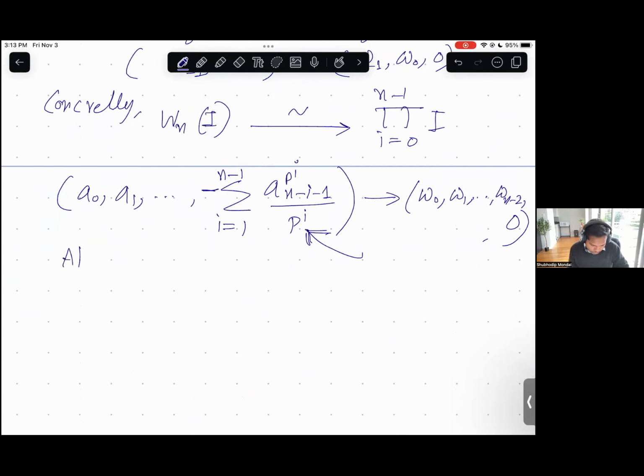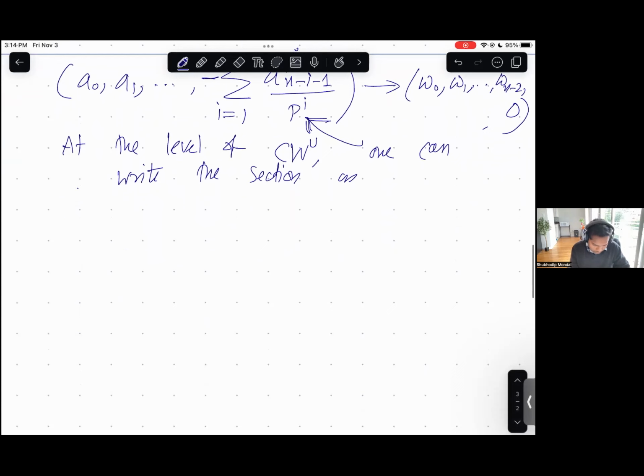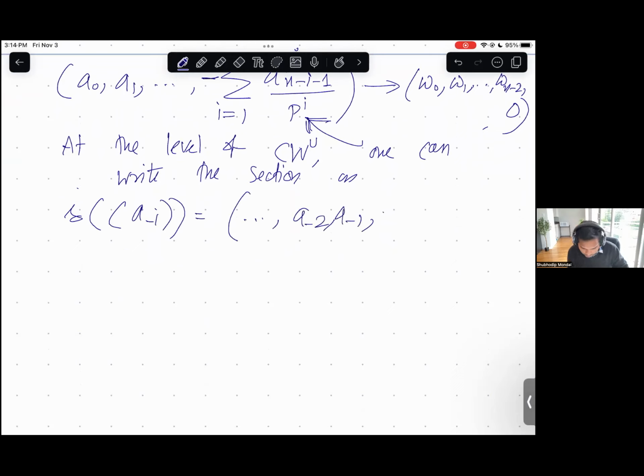And so at the level of CWU, one can write the section as, and so this is the formula that I think we have written down in the last talk.